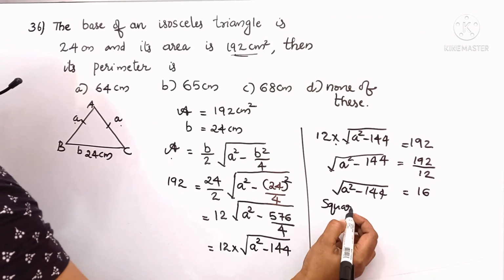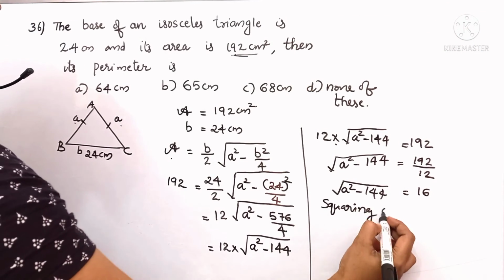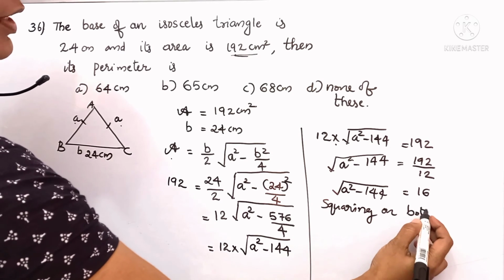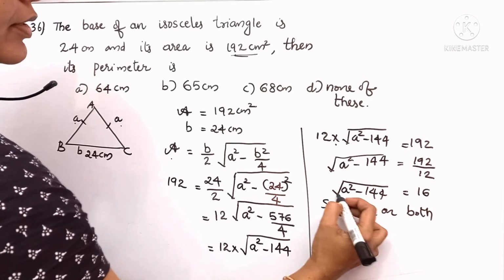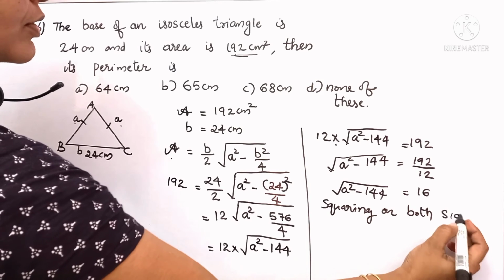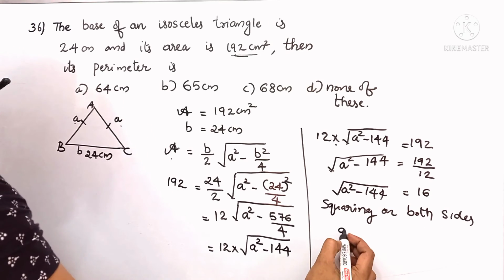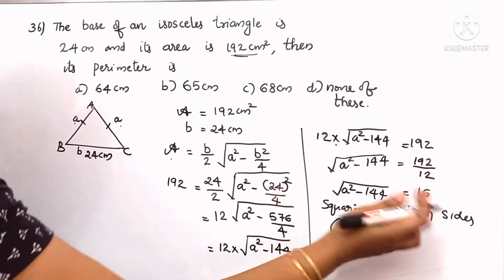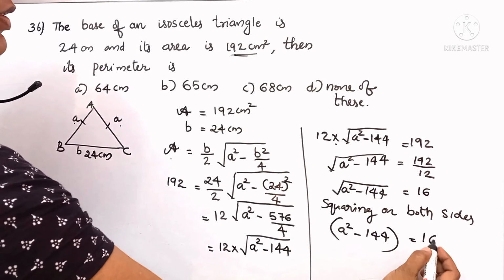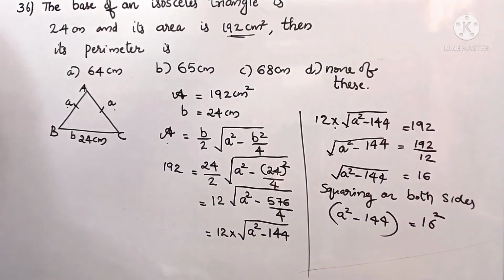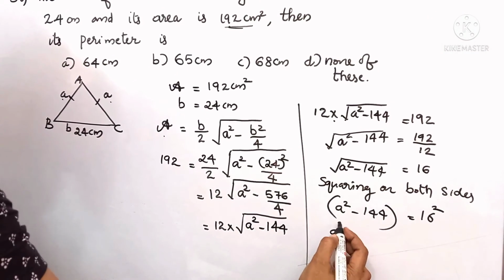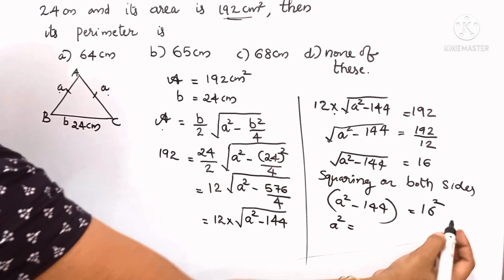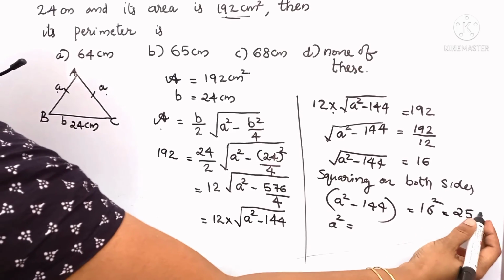Now we can square on both sides. If we square, we can eliminate the square root. So squaring on both sides, it becomes a square minus 144 equals 16 square. We know 16 square is 256.